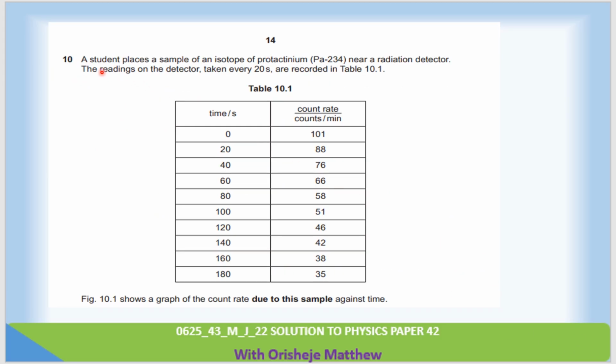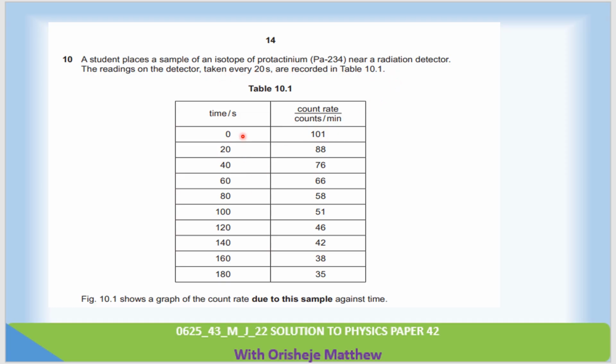So let's go to question number 10. A student placed a sample of an isotope of protactinium, Pa-234, near a radiation detector. The readings on the detector taken every 20 seconds are recorded in the table.